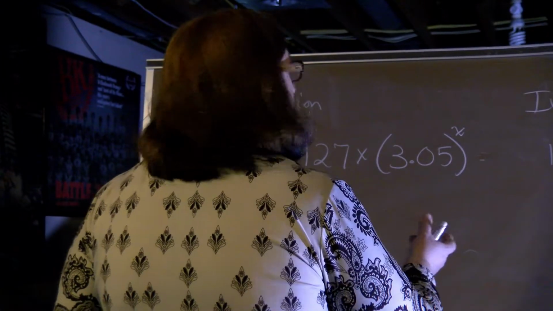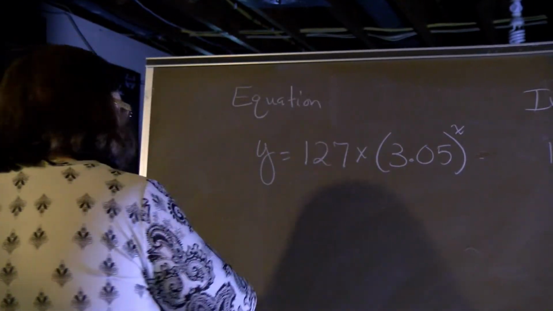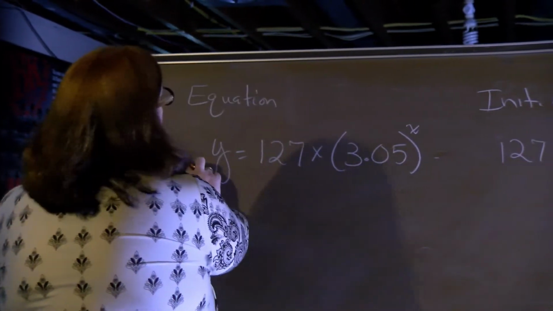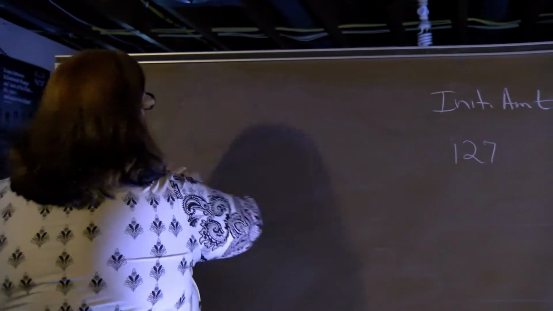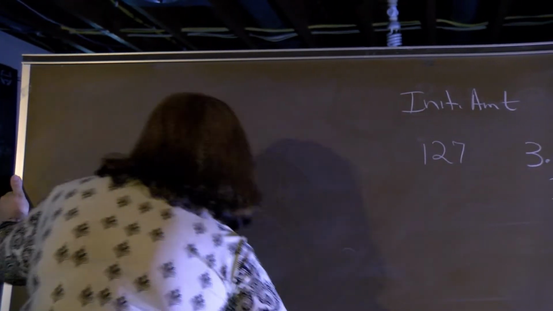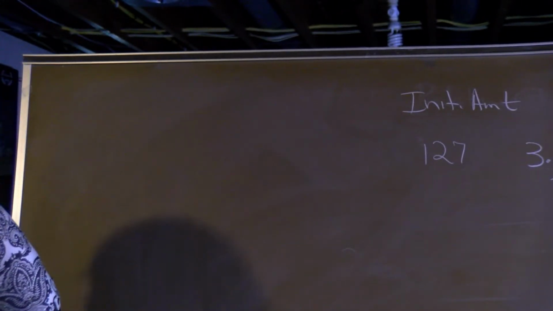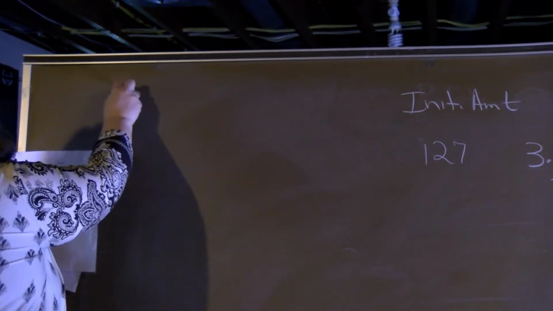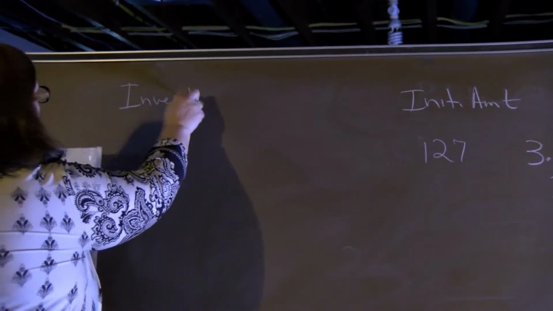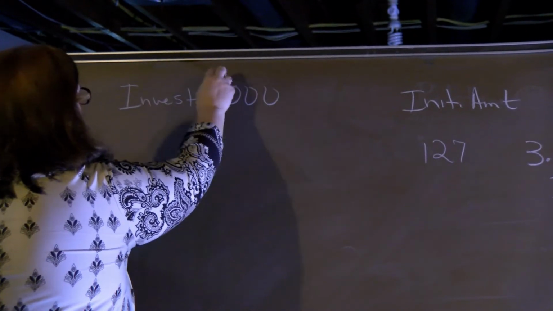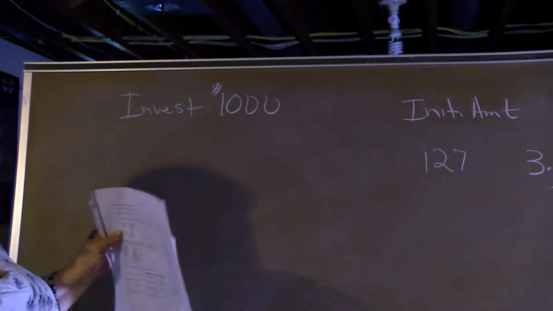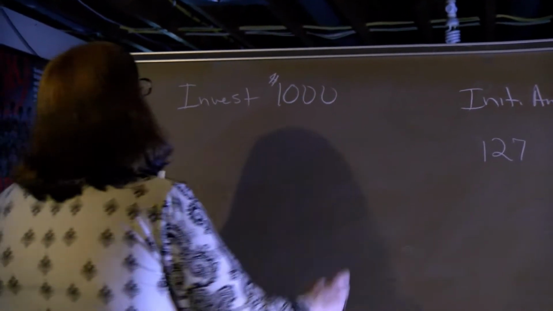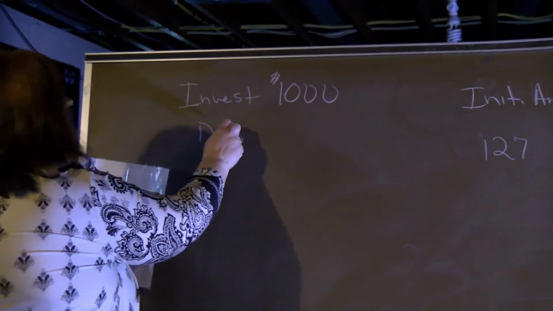I want to look at a little bit more on the growth, the two different ones. If we have $1,000 and we're going to get two different possibilities.